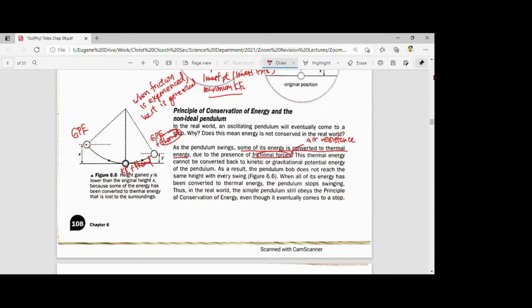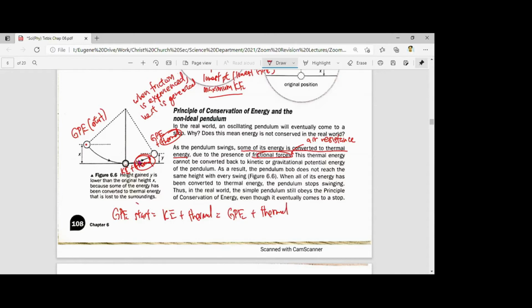You can see here that the thermal energy generated from the friction is calculated in. So the GPE at the start is equal to, at the middle point, the KE plus the thermal energy, which is then converted to the GPE plus the thermal.